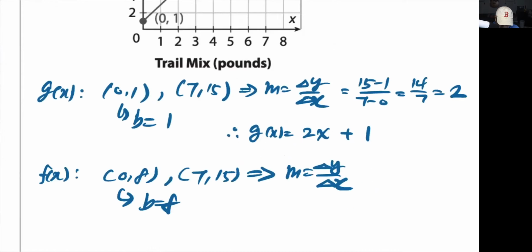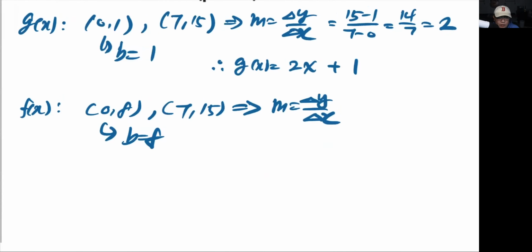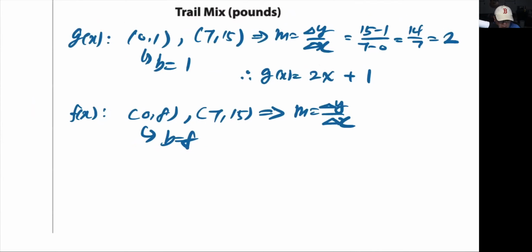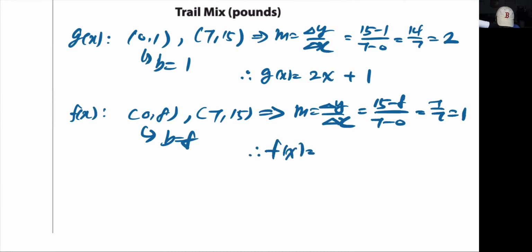Please be sure to write exactly like I do. Once you do enough of this, the whole process gets seared into your memory, which is what we want to see happen. Okay. And there we have 15 minus 8 divided by 7 minus 0, which is 7 divided by 7, which is 1. So we see that f of x is equal to 1x plus 8.